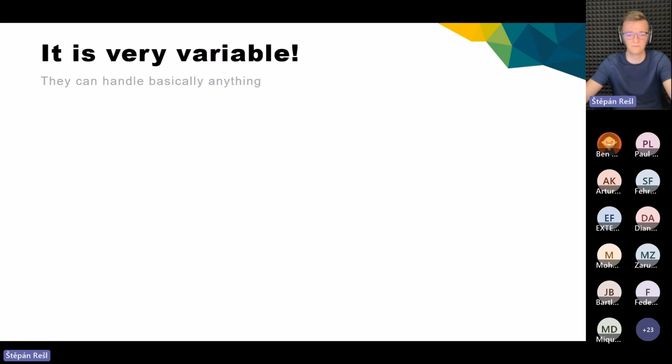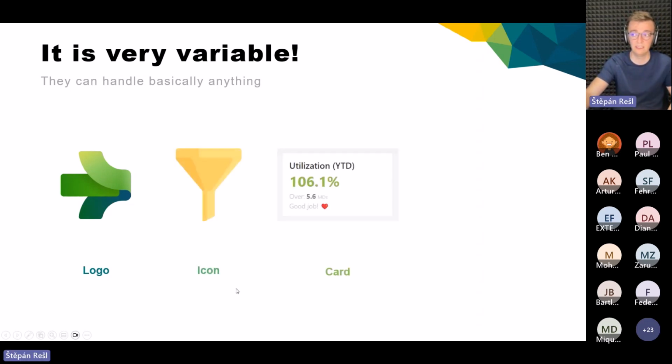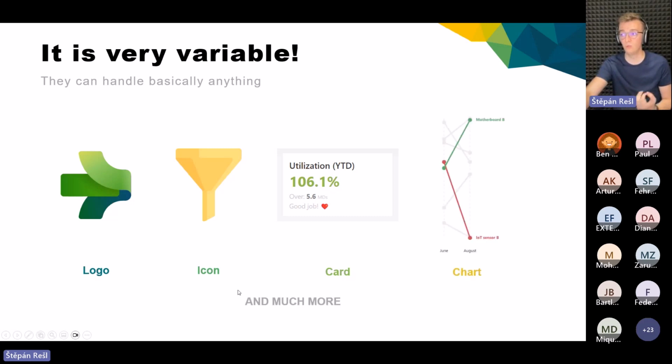If I look at this next slide, I can see that I can have inside my SVGs a logo, which is quite typical, or icons, or even whole cards to directly show some kind of percentage with another part of text and a subtext, or even a full chart, as I mentioned previously.